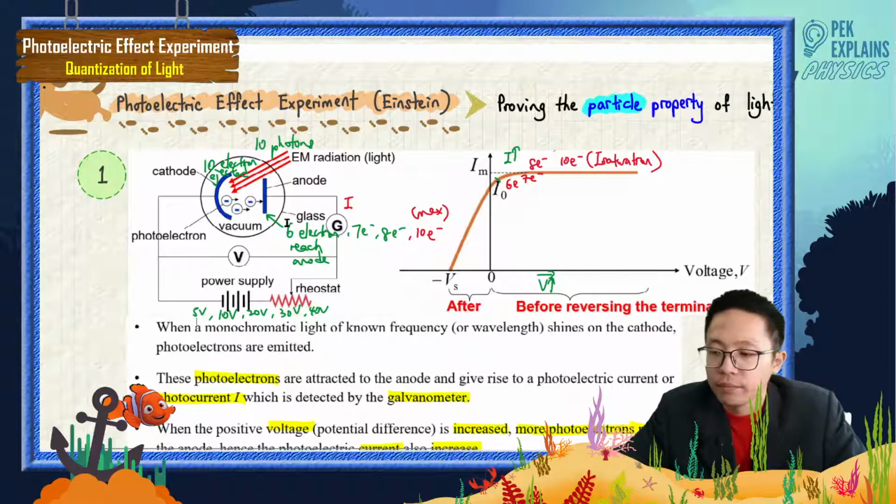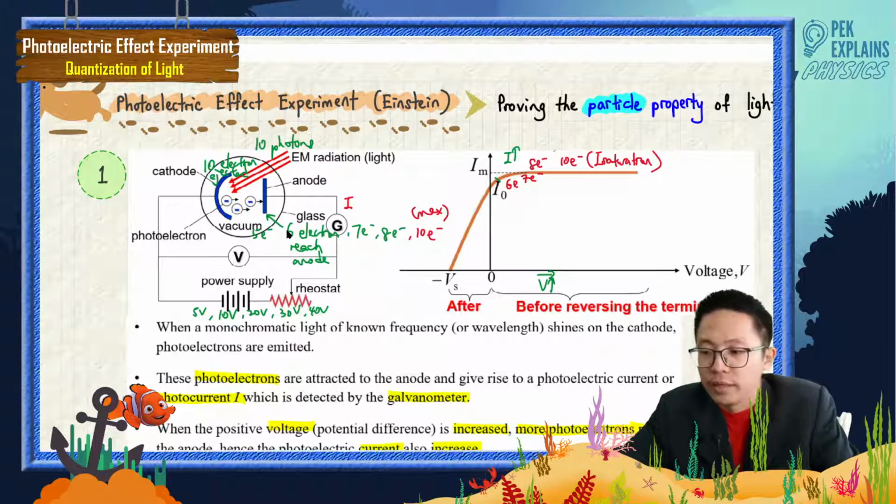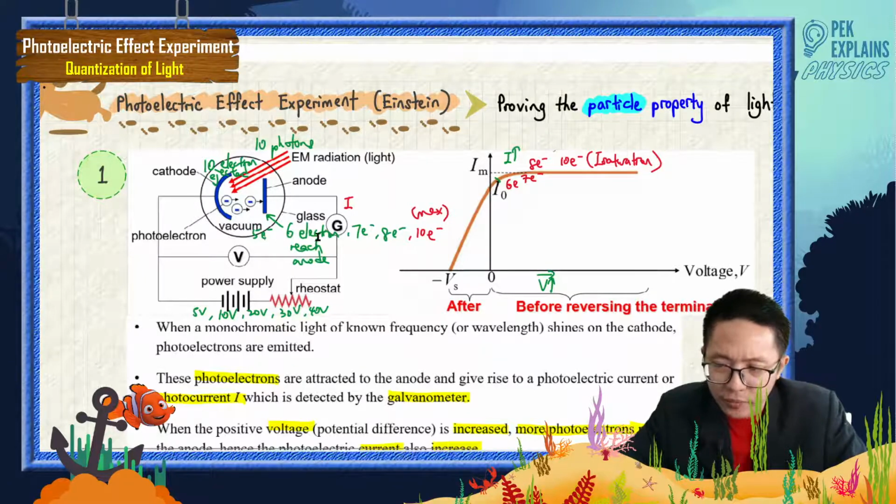If 5 volt, there will be only 5 electrons reaching the anode. And then you decrease some more. If the electrons that reach the anode are decreasing, the current also decreases.